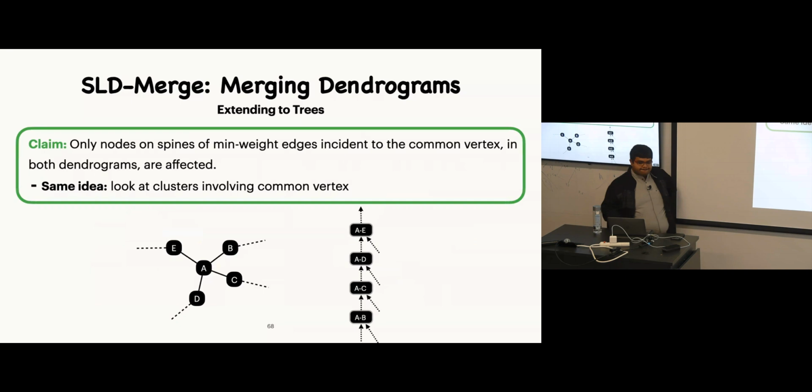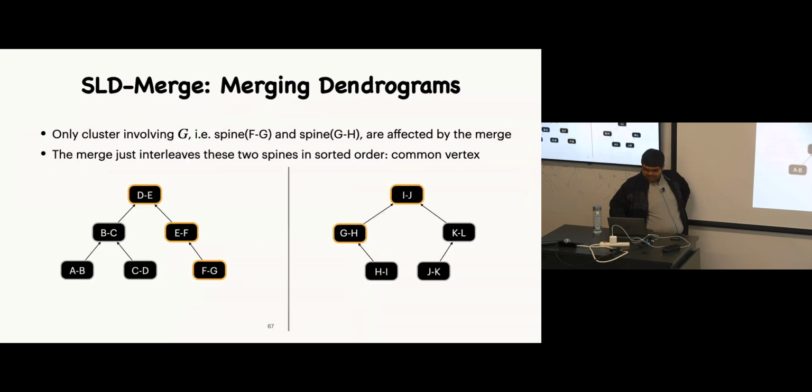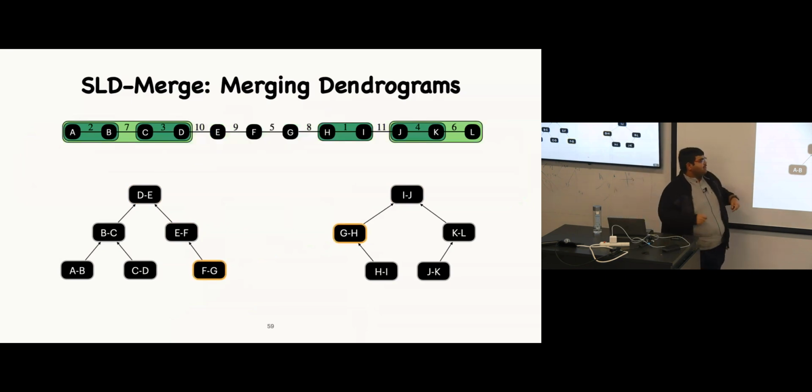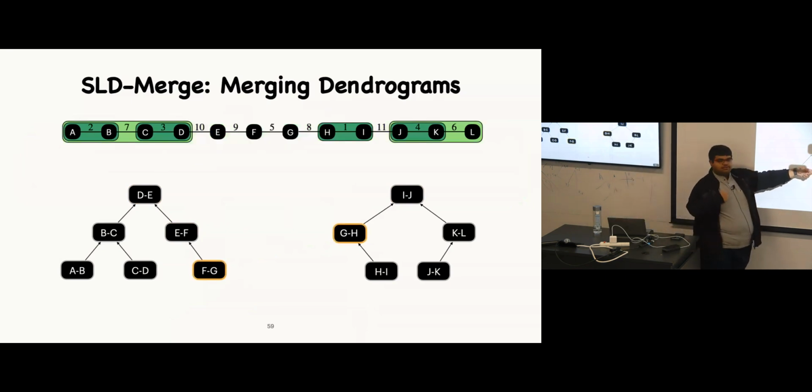So I was just trying to ask if you can state the merge process more formally. You're just going bottom up from these two spines, and you have two current nodes, and then one of them will become the parent of the other, depending on whose weight is smaller. Right. Perfect. I guess that's what's happening here. So you start at the bottom of these two spines, and you compare those two.